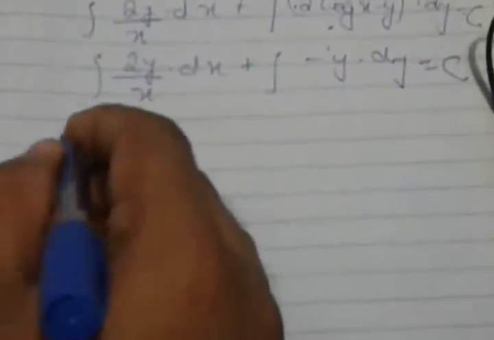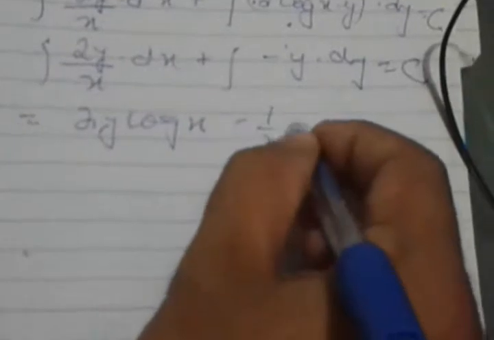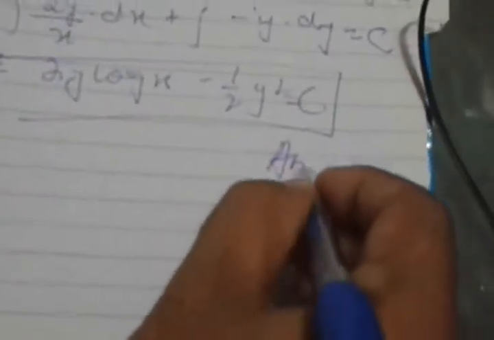Integrating the whole thing, we get 2y log x minus 1 over 2 y squared equals c. This is the answer, and we have solved the question.